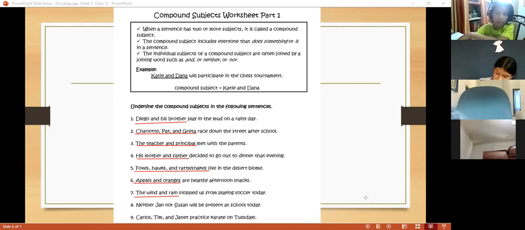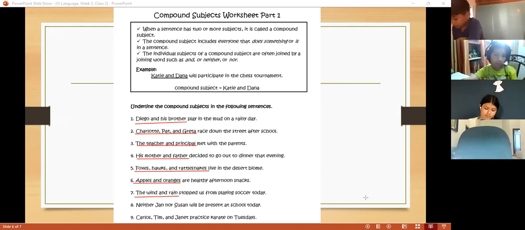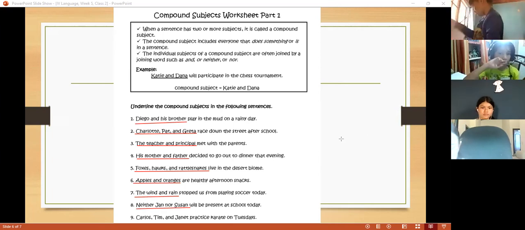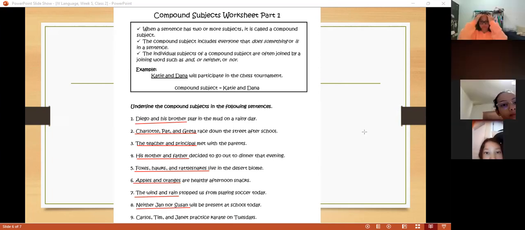Rosa, number 8. Neither Jan nor Susan will be present at the school today. What do you think is the subject? Jan and Susan. That's right. So all of this is the simple subject and the compound subjects that we have.